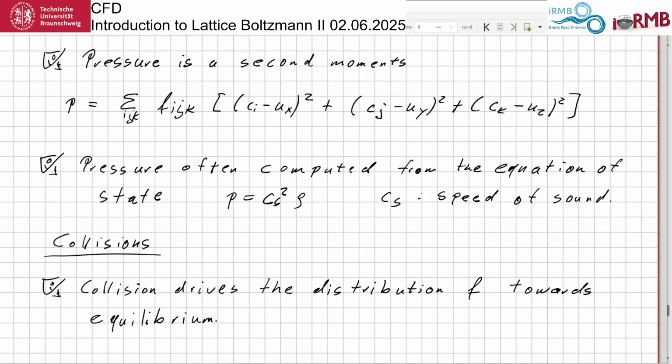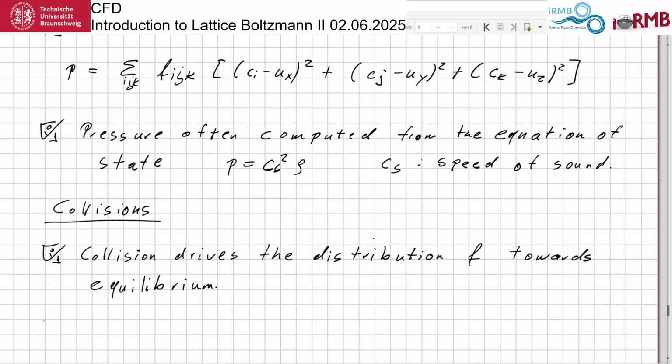In order to see what this means, of course, we have to define what equilibrium actually is. I have an entire lecture on this in my other course, but here we have to be a little bit more compact.